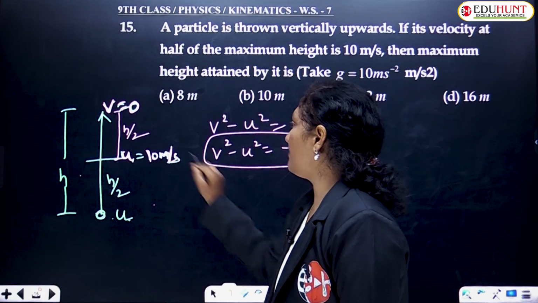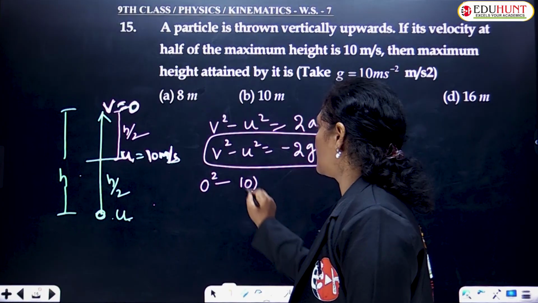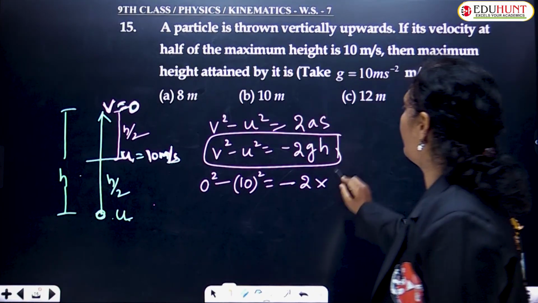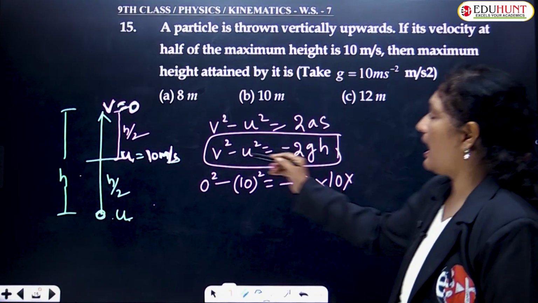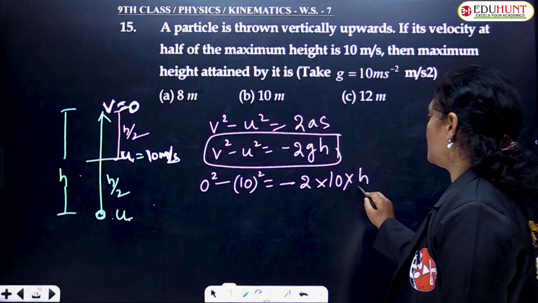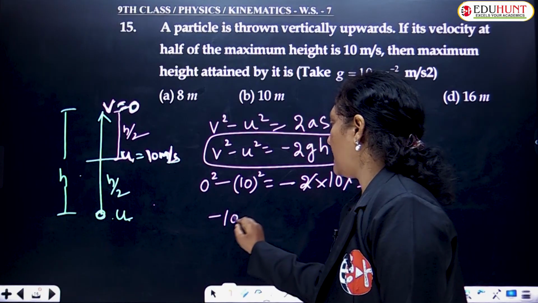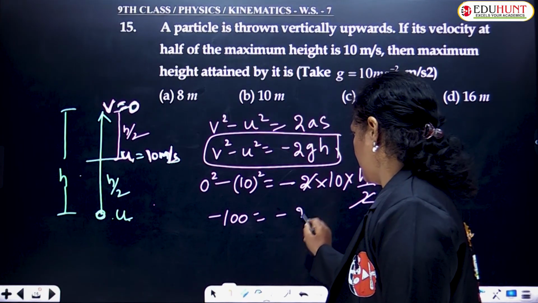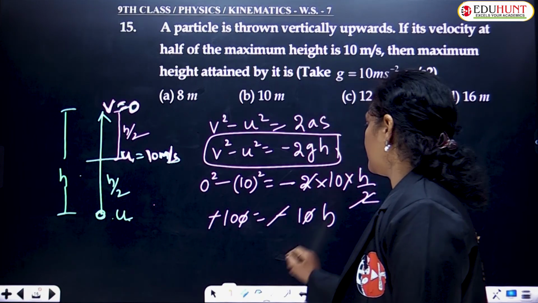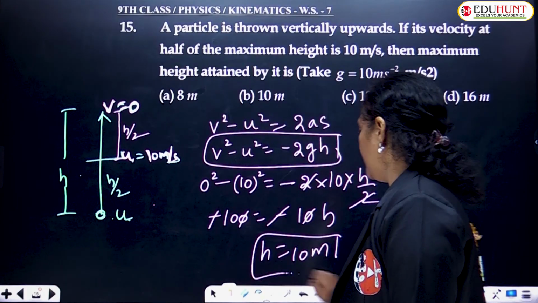In this case, what is the final velocity? 0 square minus initial velocity 10 square equals minus 2, g was given to be 10, times the height, which is h by 2. This 2 gets cancelled. Minus 100 equals minus 10h. Minus gets cancelled, 0 cancels. Hence, the value of h is found to be 10 meters.